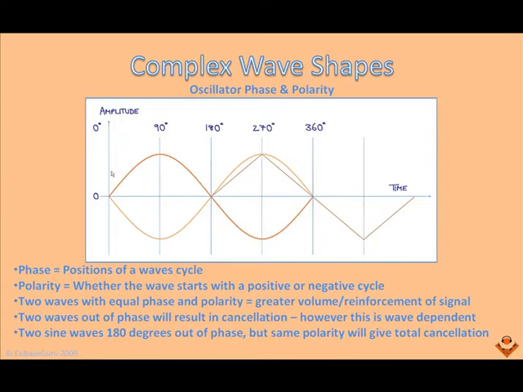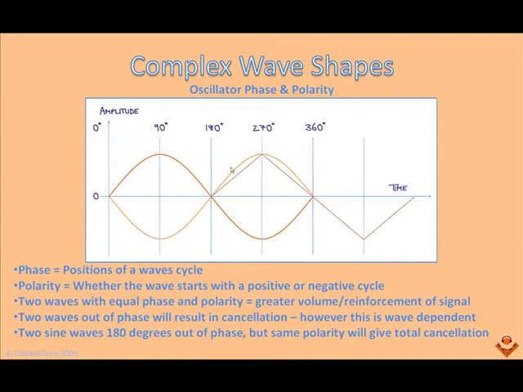So what we just did there was we had two sine waves that were playing using the same polarity and the same phase. However, we then moved the phase 180 degrees. So the first sine wave started here, and then when it got to here, the second sine wave started here on a positive polarity, so it went up. If you imagine the second sine wave starting here, the orange one was going up, the bottom one was going down.